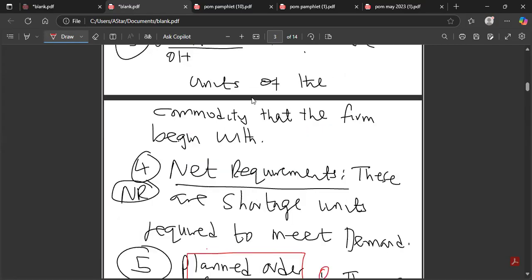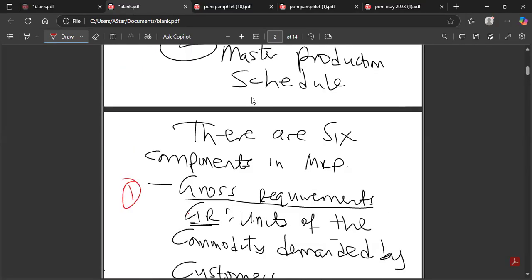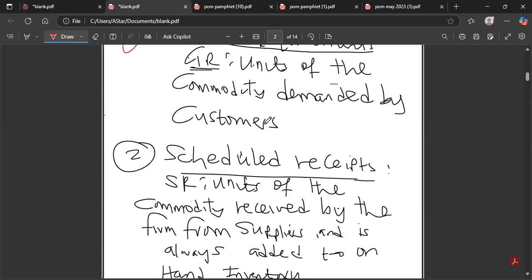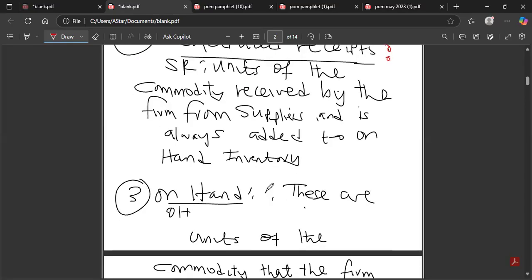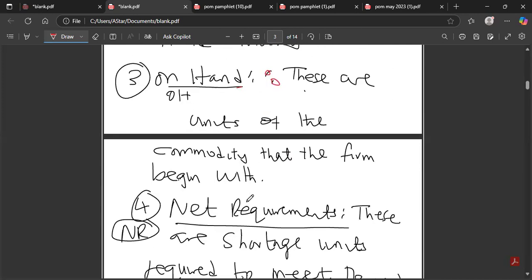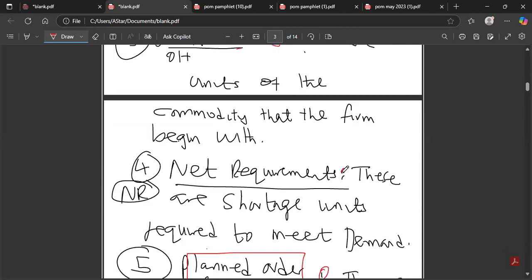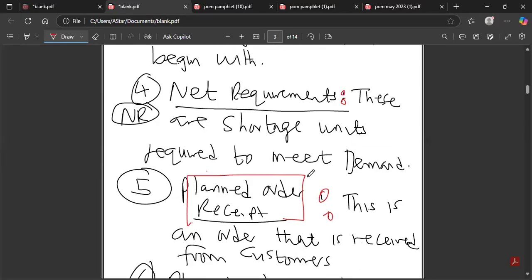So there are 6 components here. The gross requirements, number 1, scheduled receipts. Then on hand. Then you have the net requirements. These are the units required to meet demand.